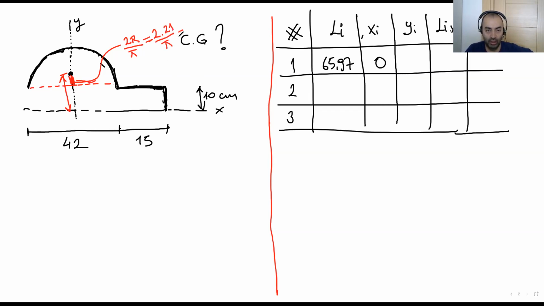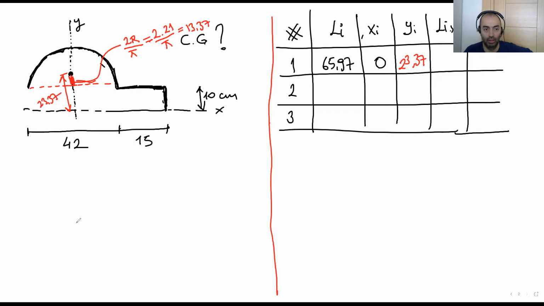So this number is, let me see, 13.37. And we are not looking for this one. We are just looking for the total yi, distance between the centroid point and this x-axis. So this is, because we have a 10 here. Okay.